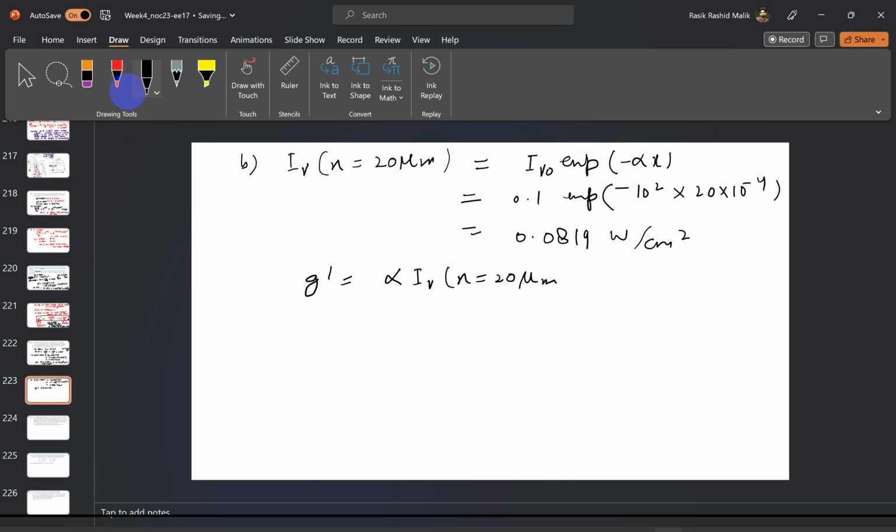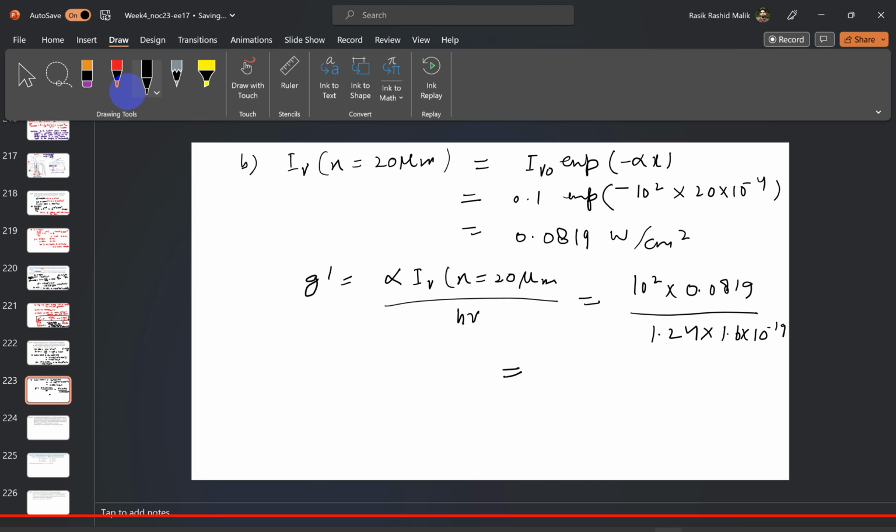and divided by h. So that is simply 10 to the power 2, 0.0819, and the energy in joule units. So the generation rate will be now less because x is 20 micrometer, x is larger, intensity is less, so the generation rate will be less.